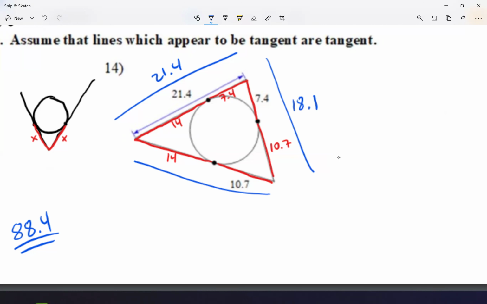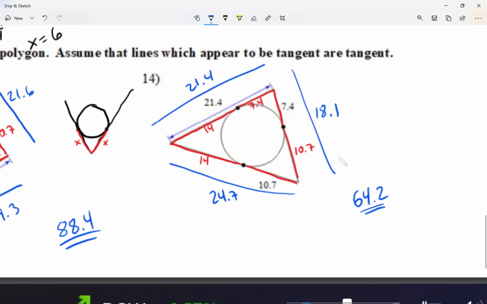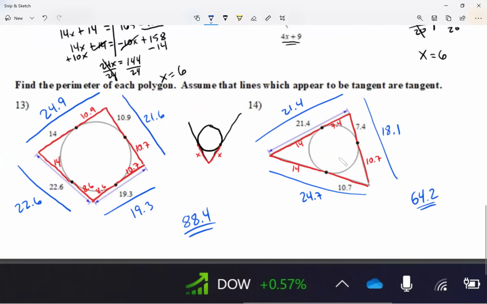And then this last one, I'm going to add 14 plus 10.7, so I'm going to call this 24.7. Now to find my perimeter, this polygon has 3 sides, so I'm going to add all 3. So 21.4 plus 18.1 plus 24.7 is equal to 64.2. Keep in mind some polygons differ. Question number 13, my polygon had 4 sides. Question number 14, my polygon only had 3 sides.